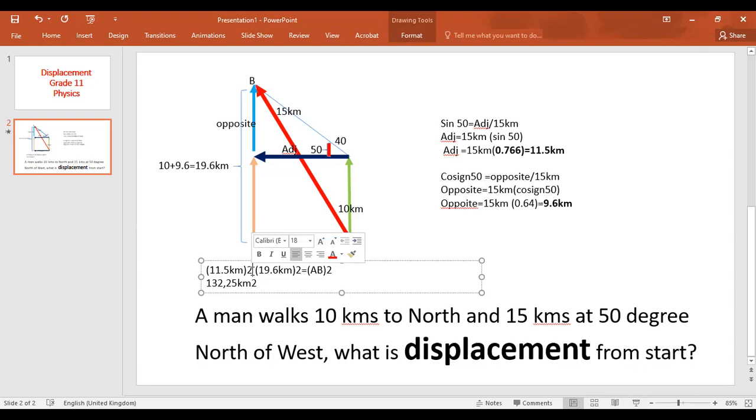There is a plus sign, A square plus B square. So we have a plus sign here, a plus sign here.